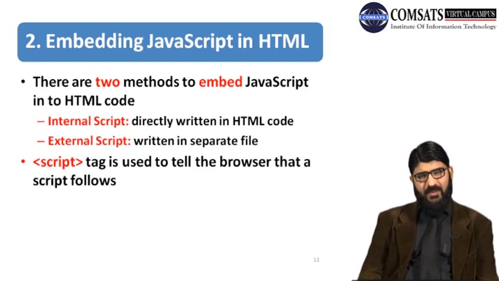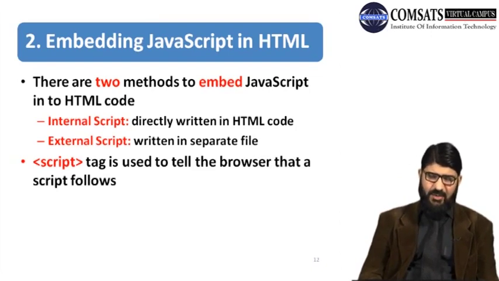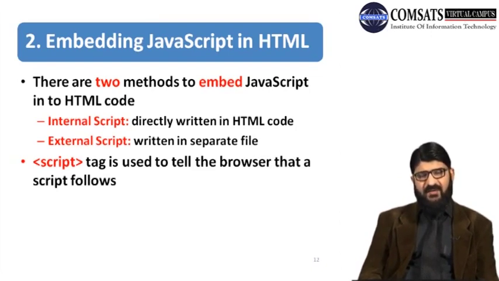There are two major methods for using JavaScript, and these are methods which are embedded in the HTML code. So basically JavaScript is embedded in the HTML code. And what are the ways to embed JavaScript code in HTML code?